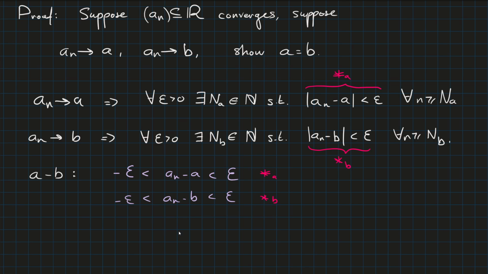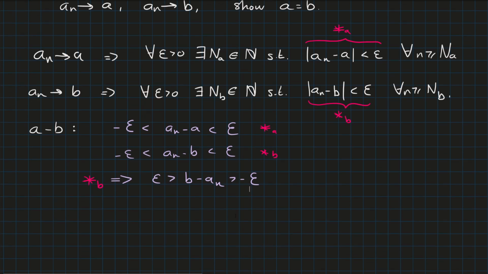Well, what we can do first is flip one of them. Let's take the bottom inequality, star B, and multiply everything by -1, so we get B minus a_n between negative epsilon and epsilon. Of course that doesn't change anything, it's pretty much the same thing.